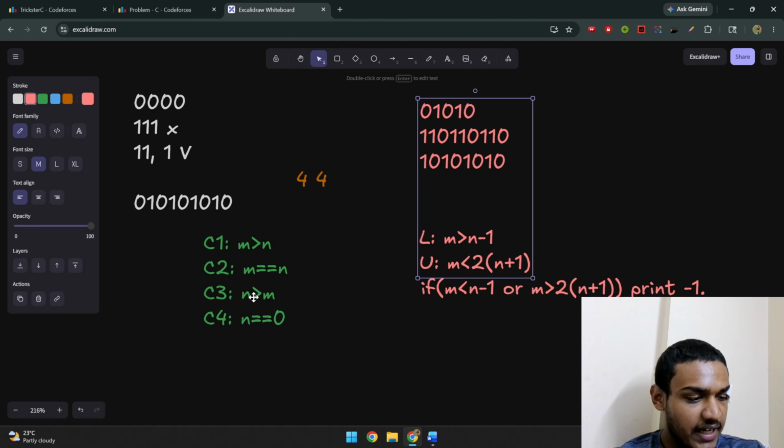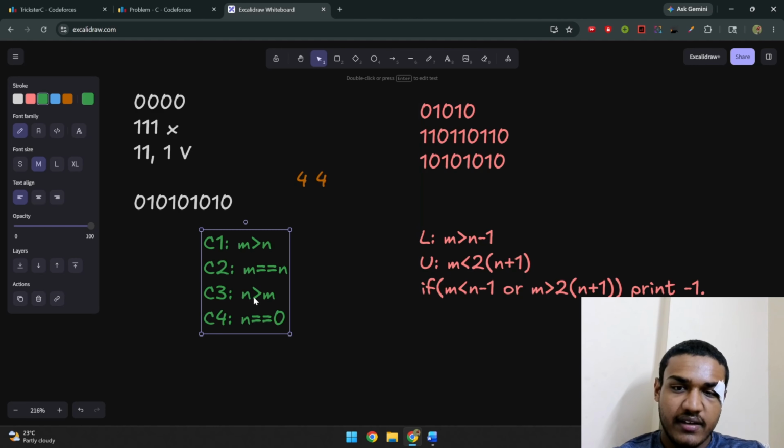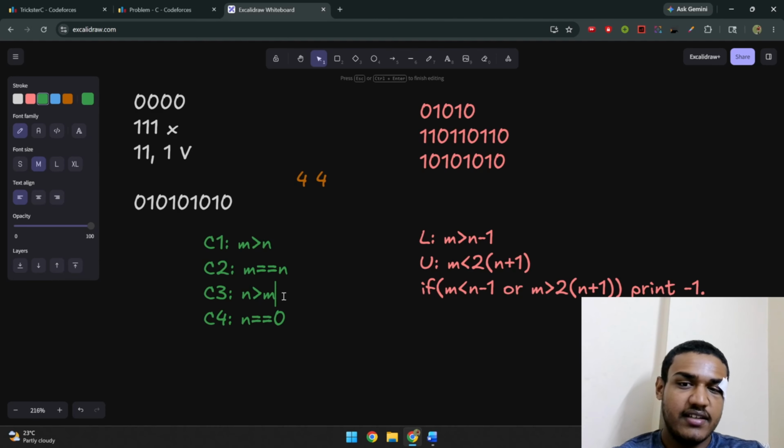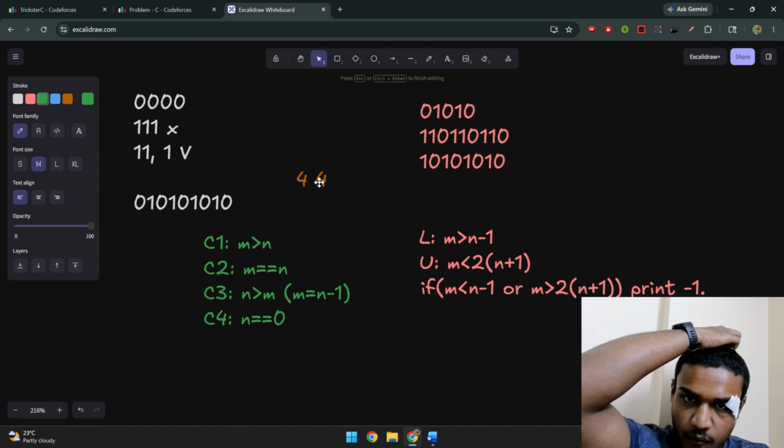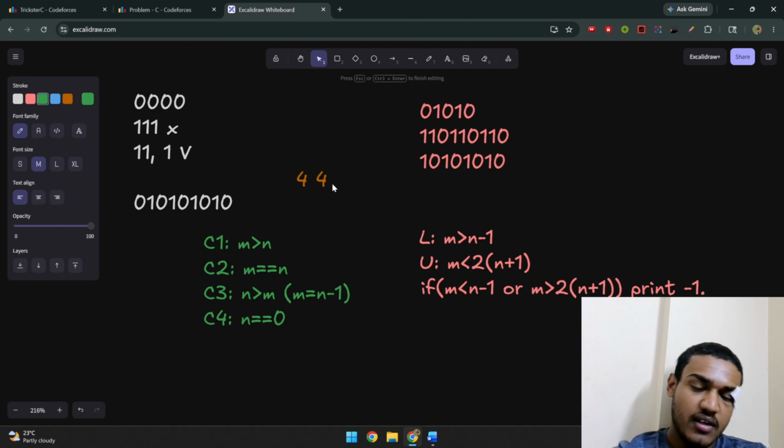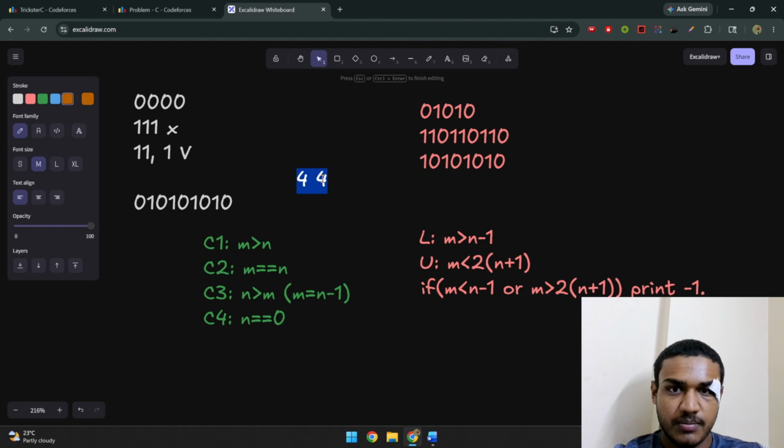So first, let's look at n greater than m, right? When do we get this? n greater than m, as in the number of zeros is greater than m. We get this only to be true when m is equal to n minus 1. Essentially, we have one more one.